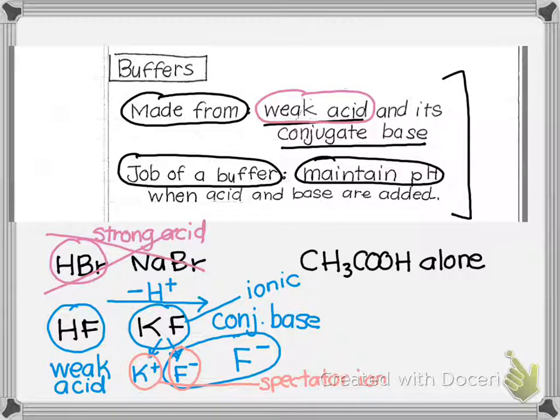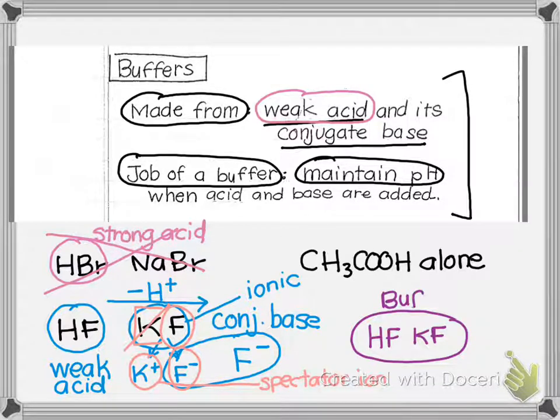So as you're looking at your homework or answering these questions, if you notice that the conjugate base is with a metal, keep in mind that that metal will dissociate and it leaves you with your conjugate base. So HF and KF mixed together would make a buffer.